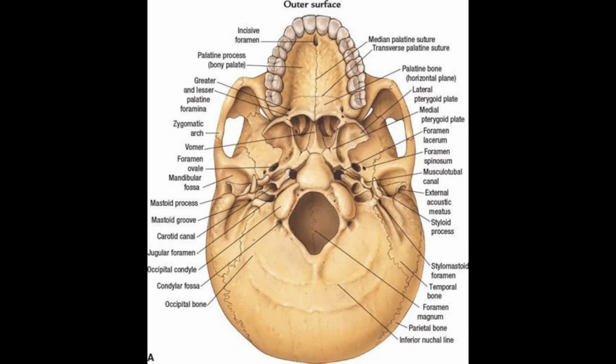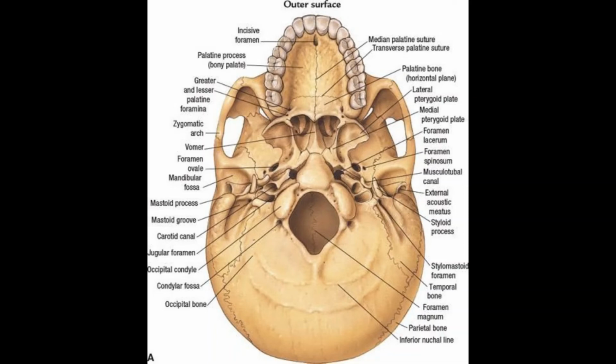So what are these depressions and openings and processes that we're talking about that form your bone ridges and indentions and joints? A canal is a tunnel or tube in a bone. A fissure is a groove or a slit between two bones. A foramen is an opening or a hole in the bone.